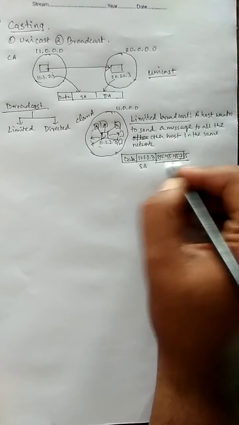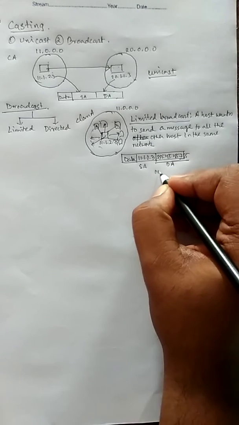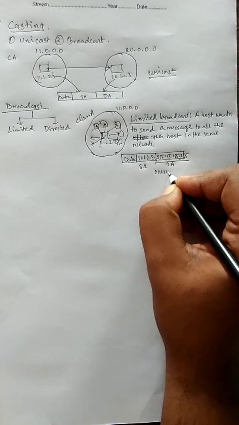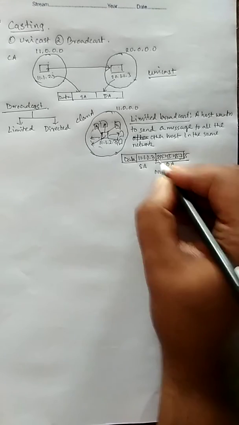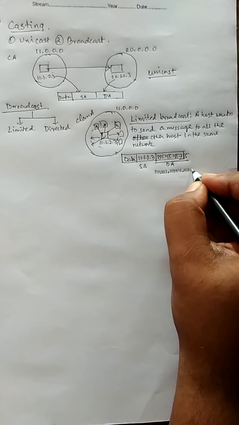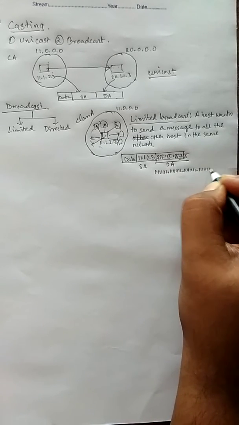So what is this 255.255.255.255? In binary format it will be all ones. So 1 2 3 4 5 6 7 8 dot 1 2 3 4 5 6 7 8 dot, and so on.